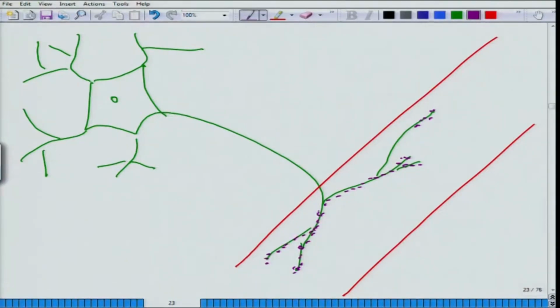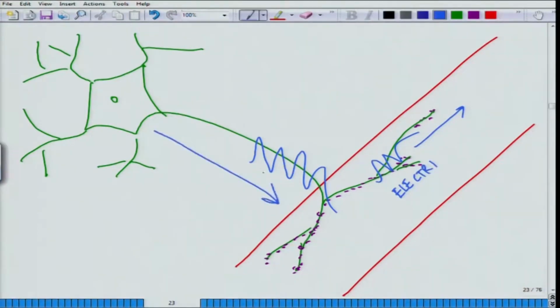If these are the imaginary synapses, then the electrical signal which is coming, the train of electrical impulses, is being transmitted. So, these are the electrical signals.